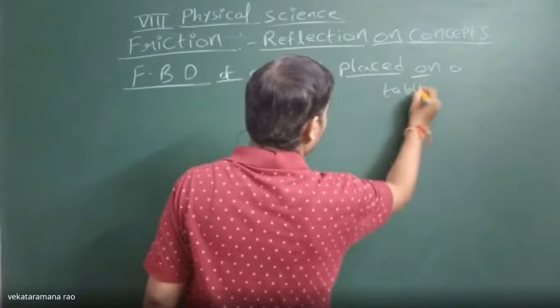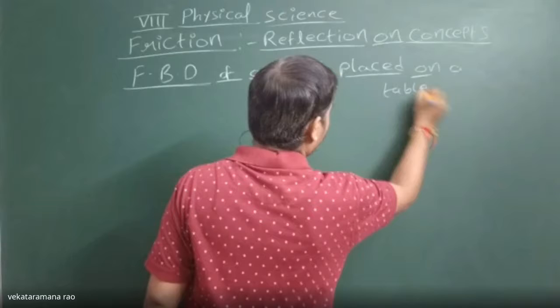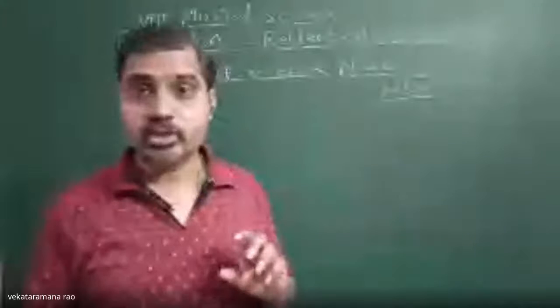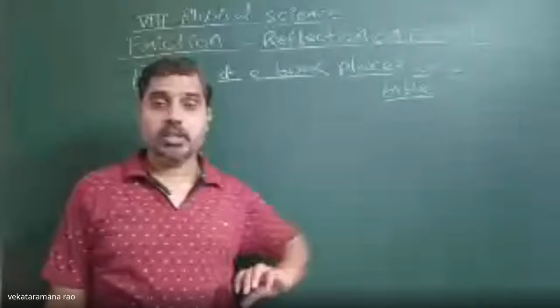So what is an FBD diagram? It shows all the forces acting on that book. All those forces we have to represent in the diagram. That diagram is the free body diagram.